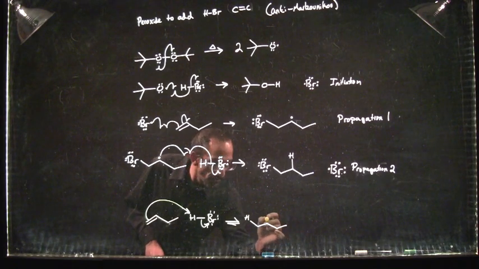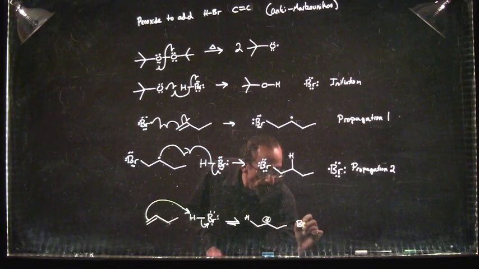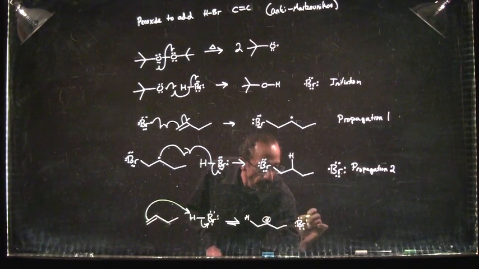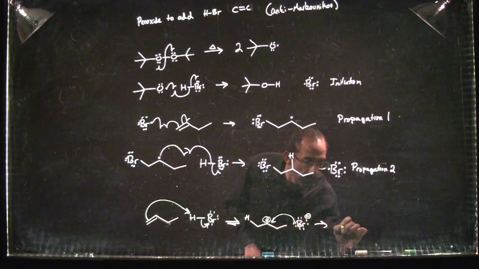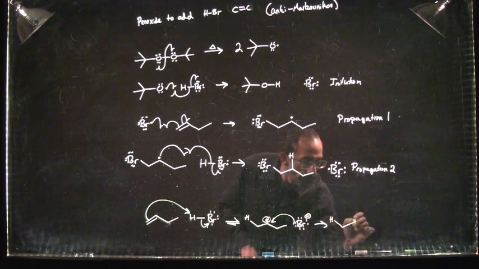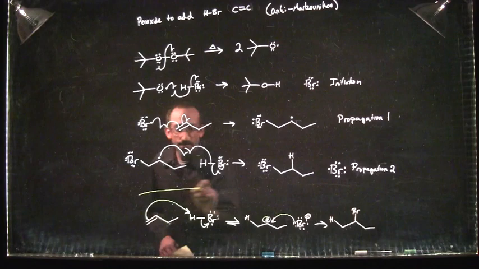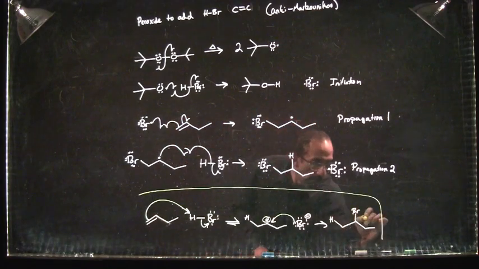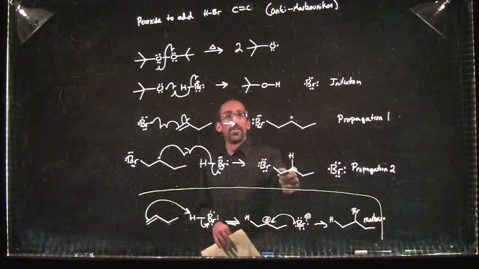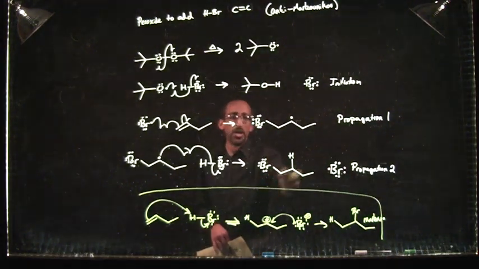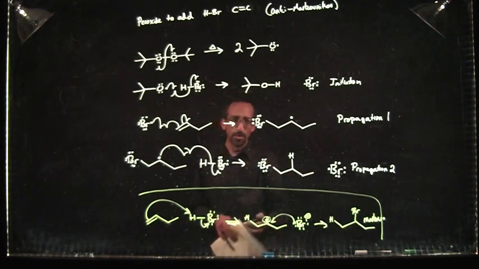In this instance, that would be the secondary carbocation. Reaction with the bromine nucleophile gave us our final product, right? And so we can see now the difference in this Markovnikov product versus our radical process using peroxides, which produces what could be considered an anti-Markovnikov product.